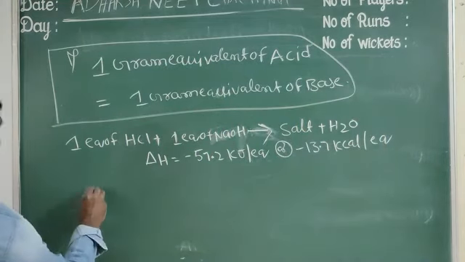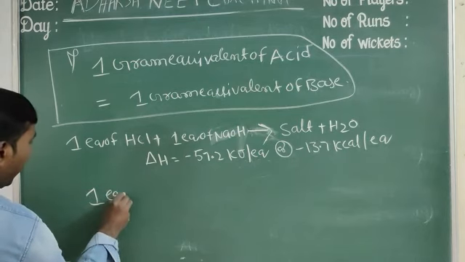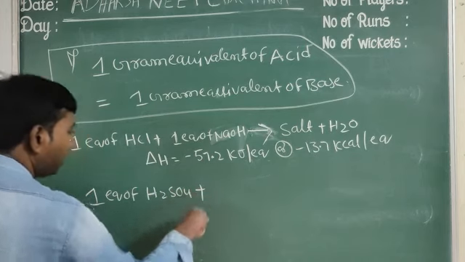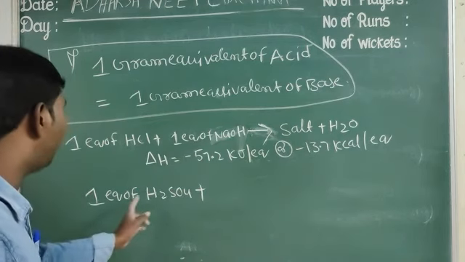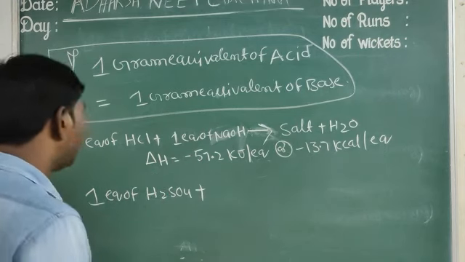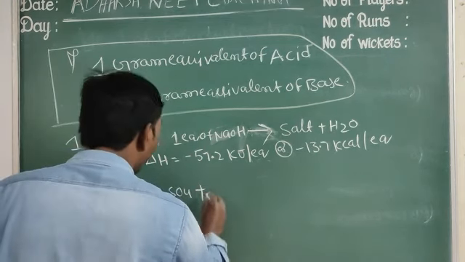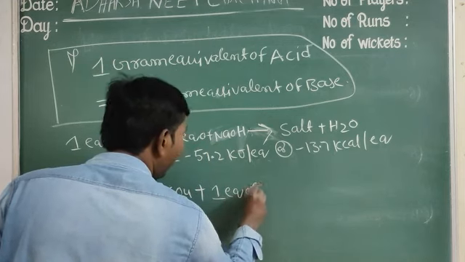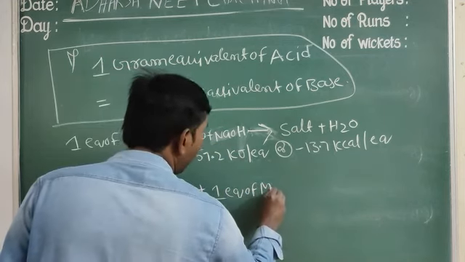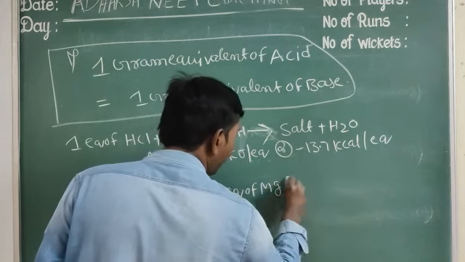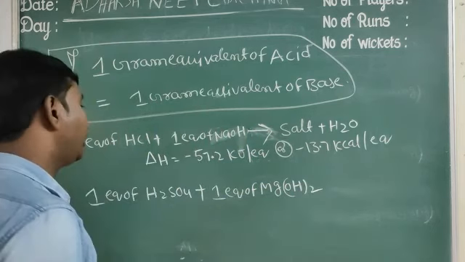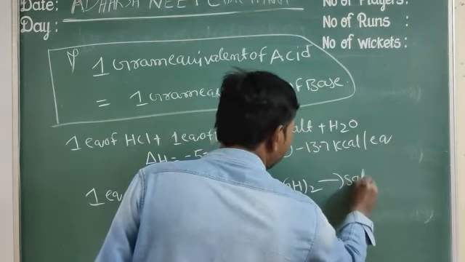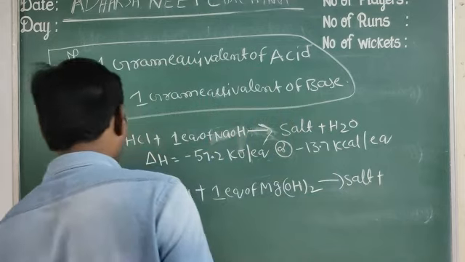Okay, next, 1 equivalent of H2SO4 plus 1 equivalent of Mg(OH)2, for suppose, gives salt plus water.